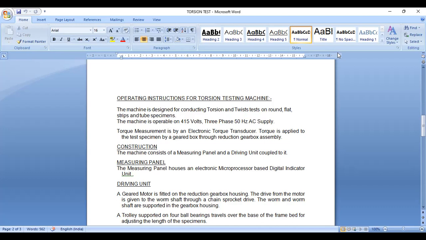Every machine, whether for torsion, tensile or impact tests, has a different capacity, but all of them come with a standard size and dimension of the test piece which is to be tested in that particular machine.